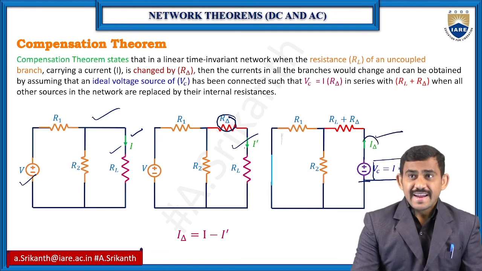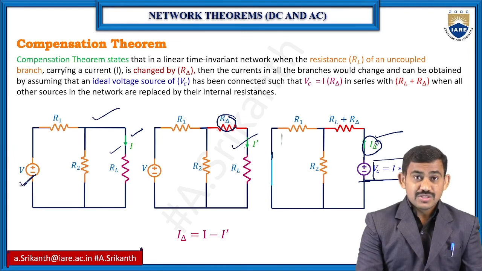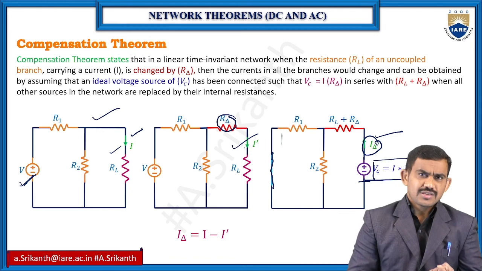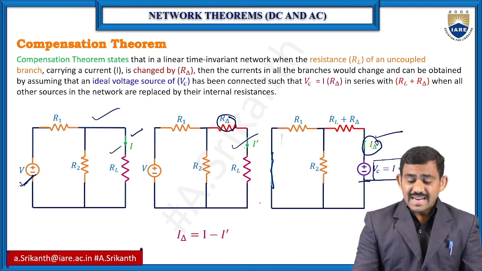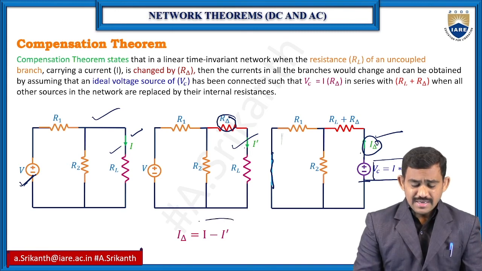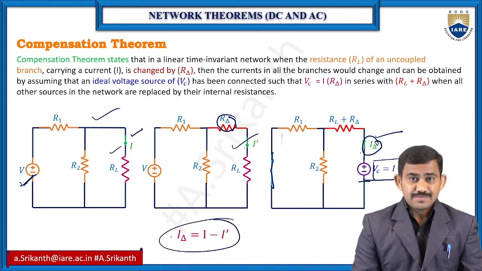So when I find the I delta value, the voltage sources in the main circuit are replaced by their internal resistance. Voltage source is short circuit, current source is open circuit. And when you prove it, the delta value is I minus I dash.